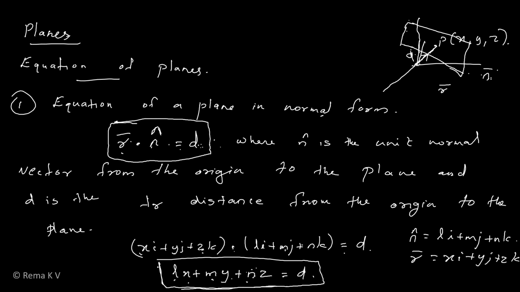So you can identify whether these are the direction cosines or the direction ratios by checking L square plus M square plus N square. If this is equal to 1, then the coefficients are the direction cosines, otherwise they are the direction ratios.